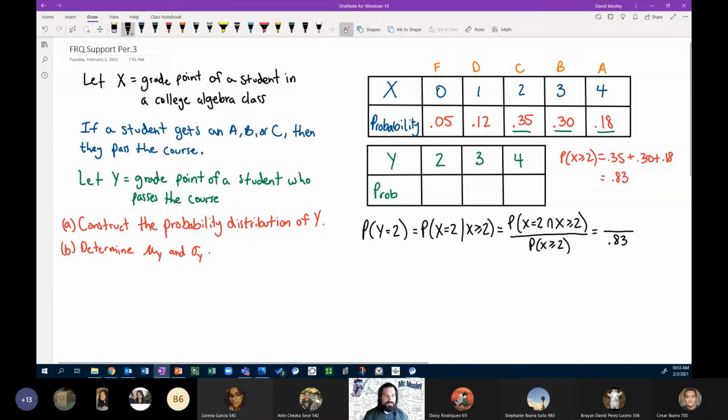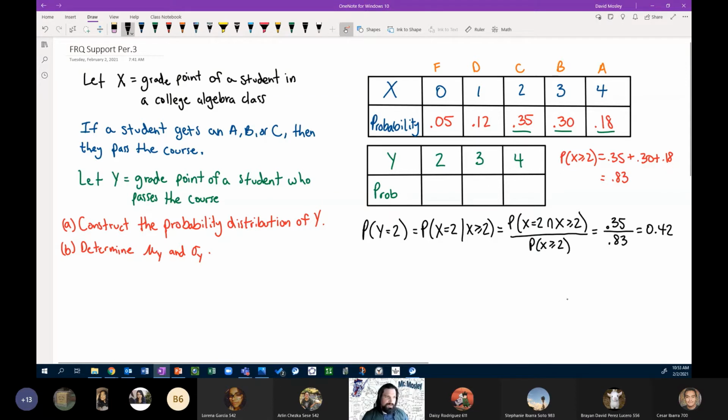The probability of x equaling 2 and x being greater than or equal to 2 is the same as x equaling 2. It's 0.35. Essentially, there's no other way for x to be equal to 2 besides that, so it's just that one number. So we get 0.35 over 0.83, and that gets us 0.42.